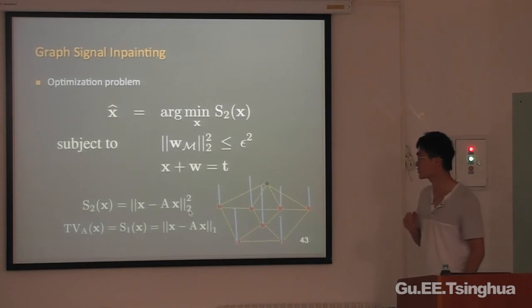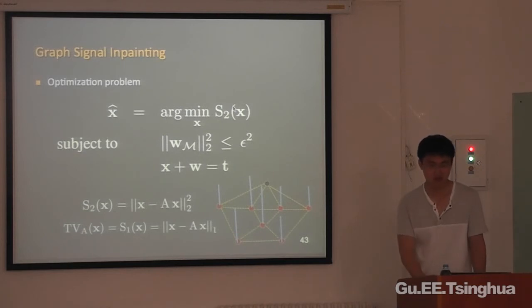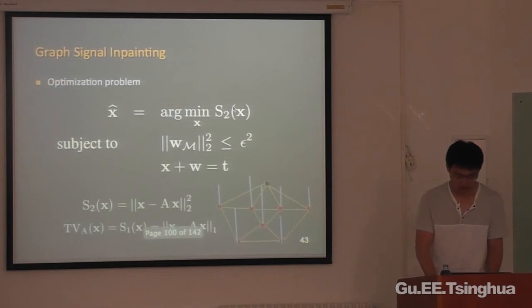Then the good thing is that the objective function is a quadratic form. It means it's very easy to solve. It's a strongly convex problem. So we form it in two different ways.